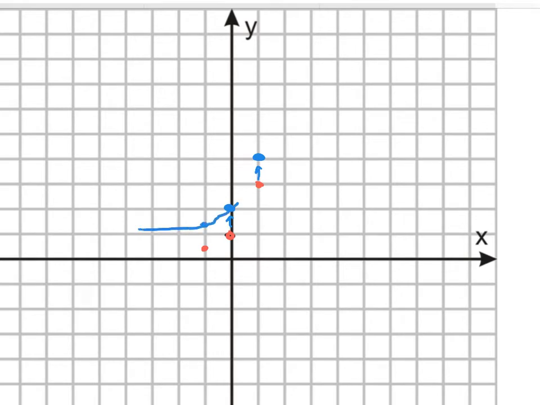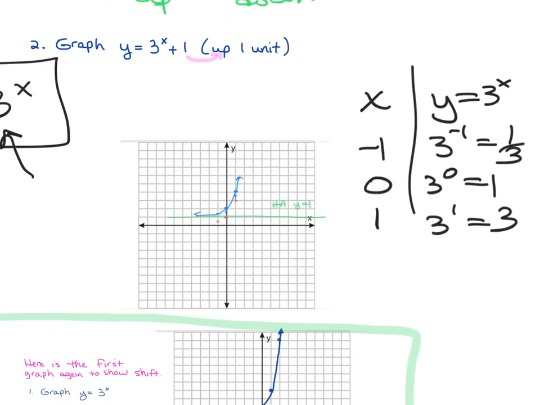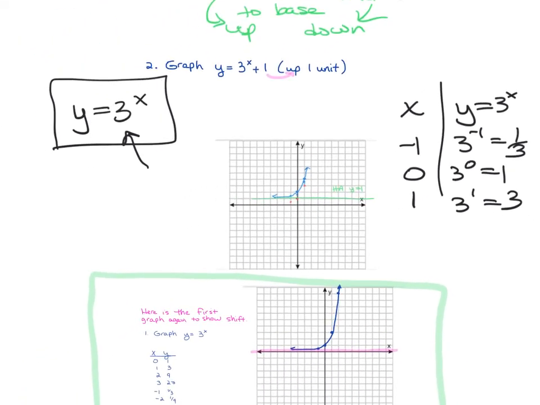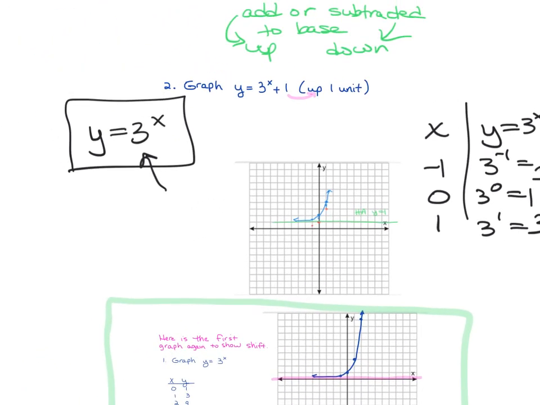And now I can connect them, and here would be my shifted graph. Again, notice my horizontal asymptote has now shifted to y = 1. Now, again, when it's simple like this, yes, you could do a table and just add 1 to the result that you get.